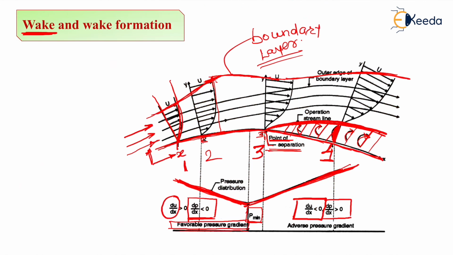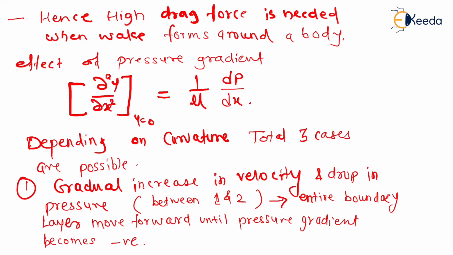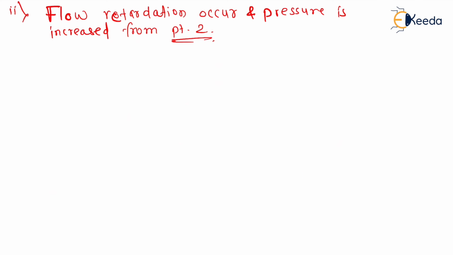So in the diagram this is point 2. So from point 2 there is a flow retardation and increase in the pressure.